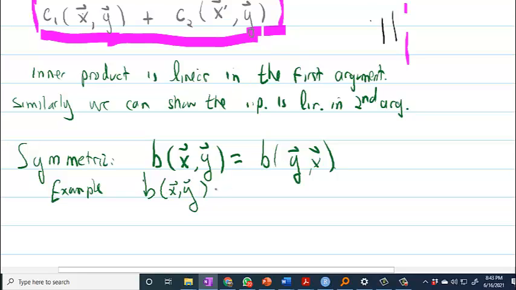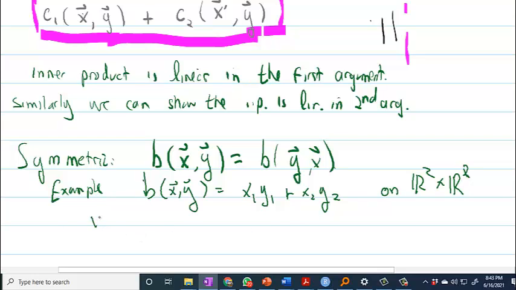Let me take the inner product in 2 dimensions, x1y1 plus x2y2, and this is on R2 cross R2. I have two two-dimensional vectors.